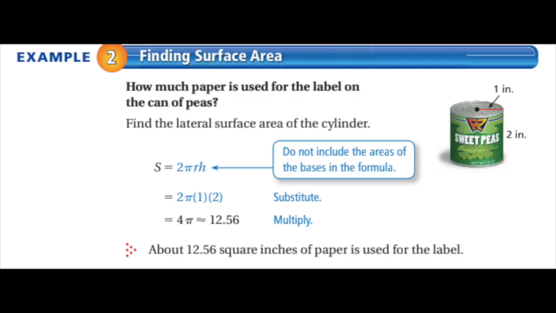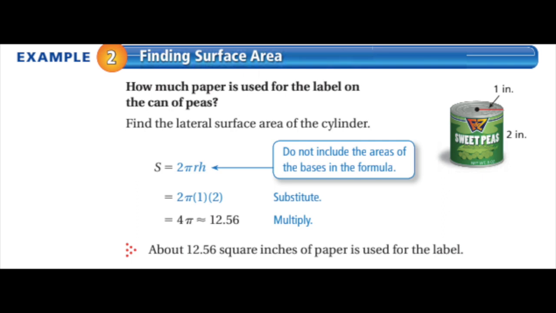Moving on to example 2 on page 371, you'll see that this is an application problem, and it's asking us how much paper would be used for this label that is on the can of peas. So we don't need to find the surface area of the entire cylinder. We only really need to do the lateral surface area. And so that part of the formula is 2 pi r h. So with this problem, it's a bit more simple, where we're just using this part of the formula.